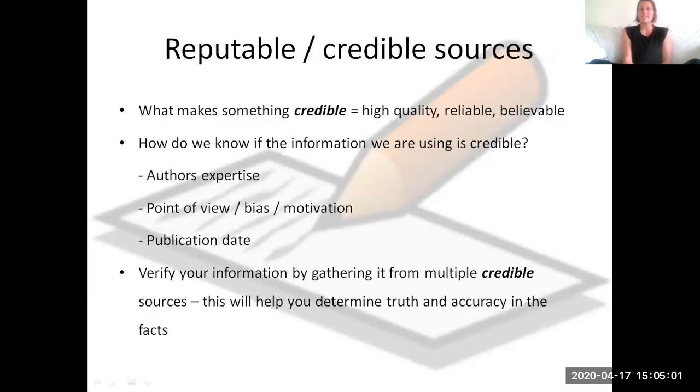Okay, what is reputable or credible? So what makes a source either of these? In a nutshell, for something to be credible, it's of high quality, it's reliable, and it's believable. So we want a trusted source.